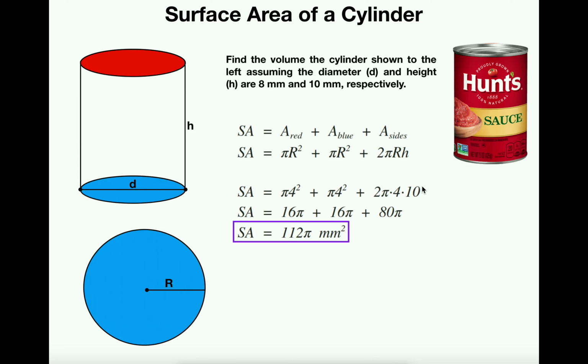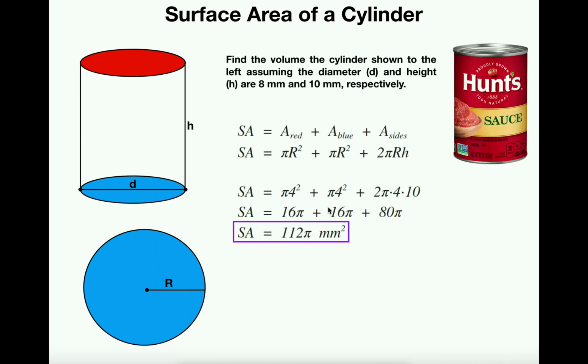And now I can pretty much just simplify this as much as possible. The first term here for the red circle would be 4 squared, 16 pi. I would get the same result for the blue circle. Its area would be 16 pi. And then over here for the sides, 4 times 10 is 40, times 2 is 80 pi.